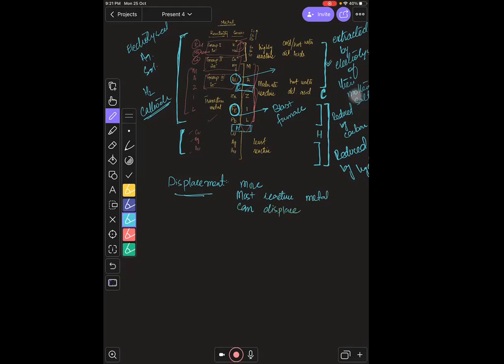You need to remember this. For example, if you have copper sulfate and you react it with zinc, zinc is more reactive than copper. So zinc can displace copper from the solution. It will show you the reaction in this way. Copper will be eliminated.